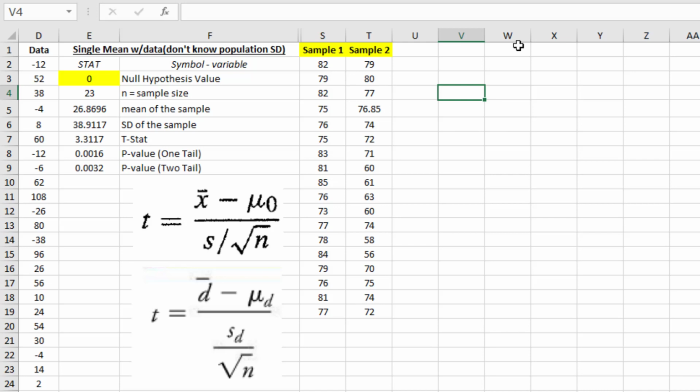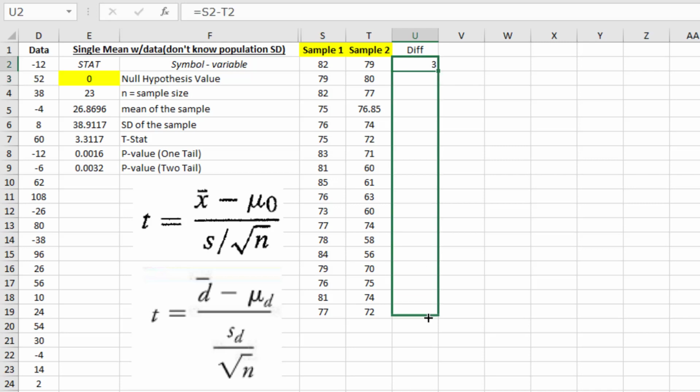Then the next thing you need to do is just create a difference column, and this is going to equal sample 1 minus sample 2. Drag this down, and we just created a bunch of differences.